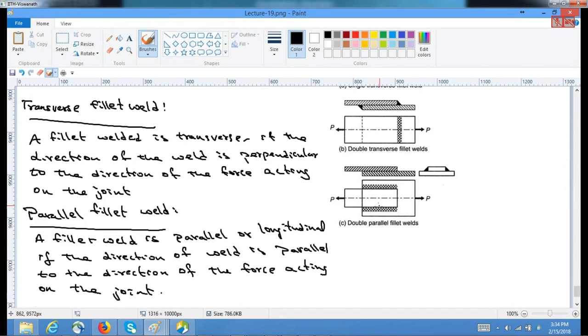So this is the parallel weld and this is the transverse weld.